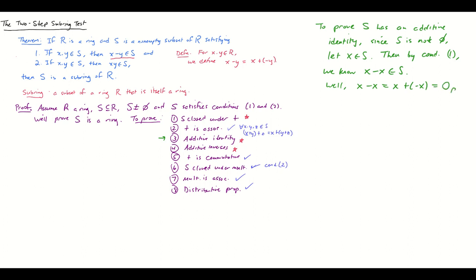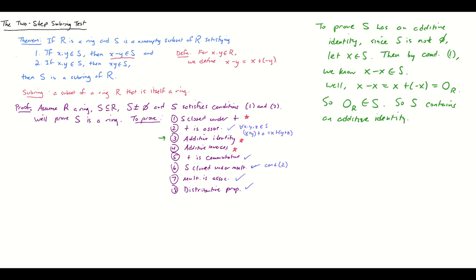That's the 0 of the ring R. So that additive identity does belong to S. Because it's an additive identity for R, it's also going to act as an additive identity for S. So S contains an additive identity. Super. We are on our way here.